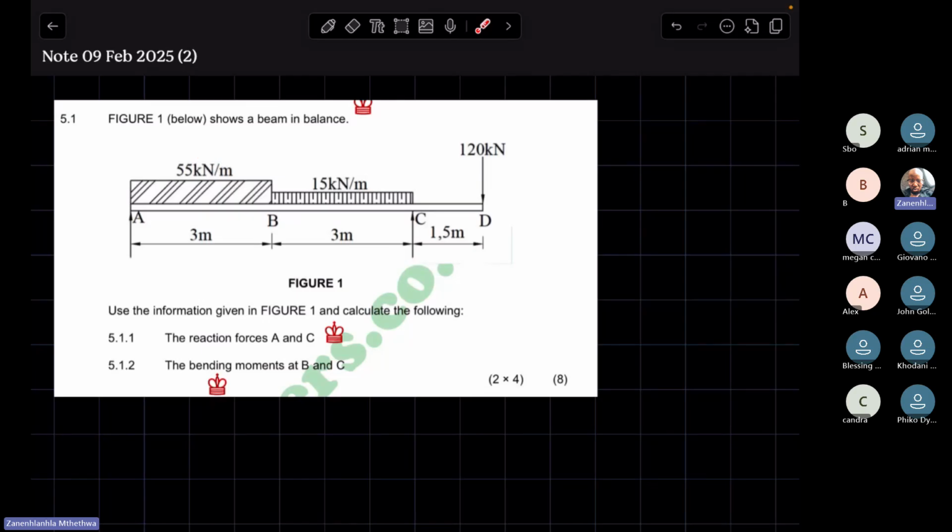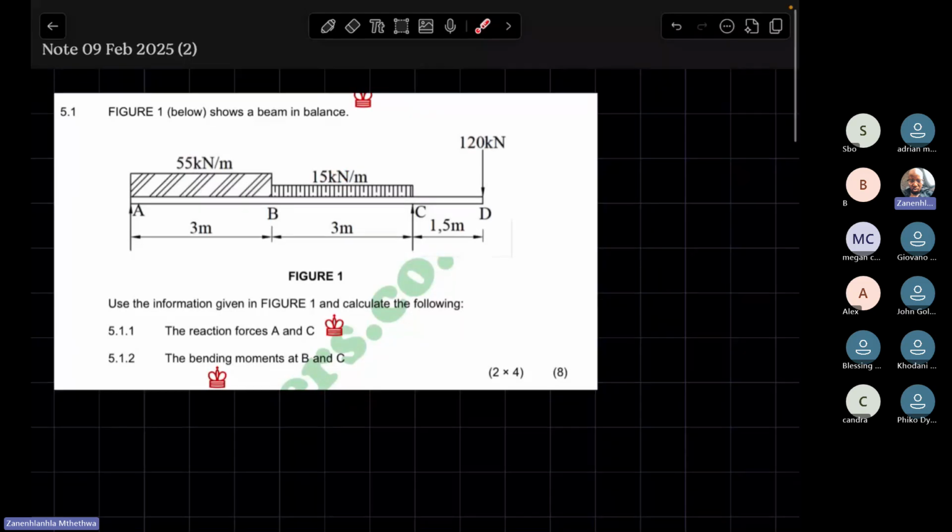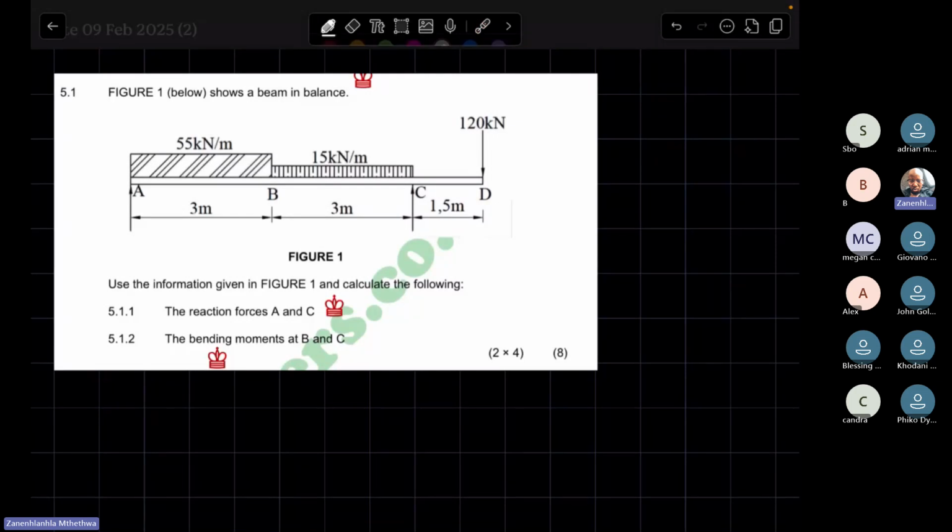So the reactions are parallel with the point load, but the UDLs are not parallel with the point load. That is why you first have to resolve each of these into its weight. Its weight will be parallel with the point loads. Only then will you be able to apply conditions of equilibrium. All right.